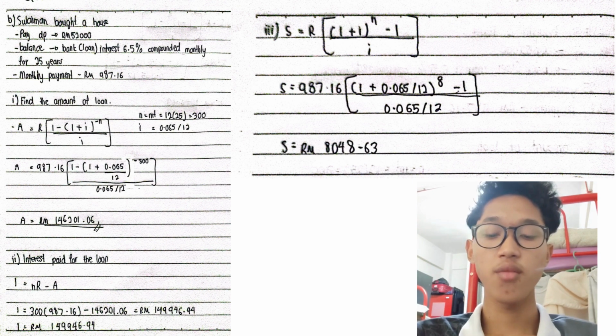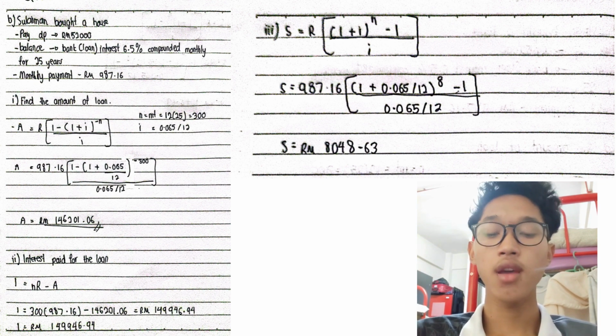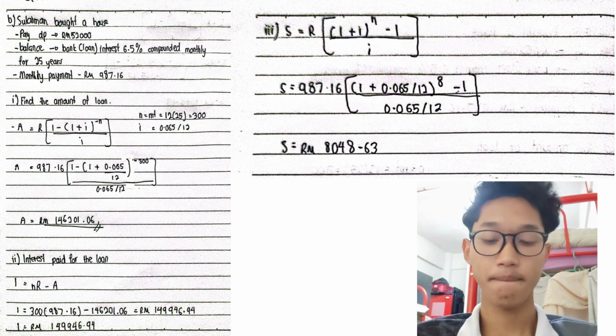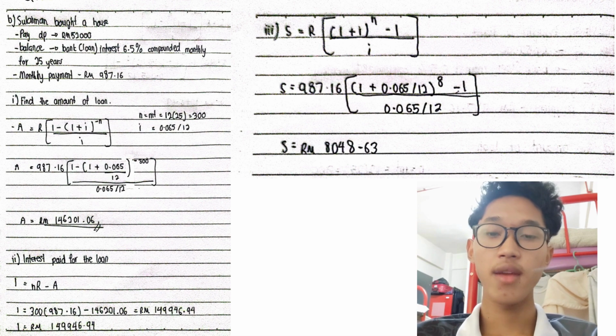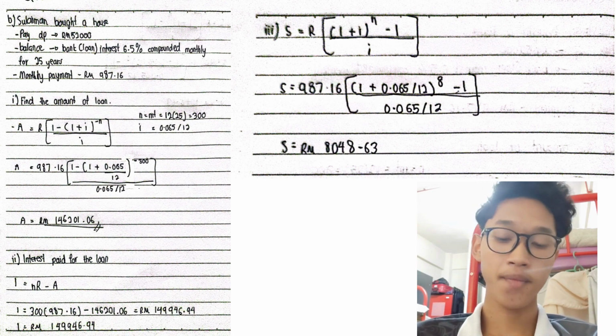We will use the formula of A equal to R, open the bracket, 1 minus, open the bracket again, 1 plus i, close the bracket, to the power of minus n, divided by i, and then we close the bracket. And then we will enter the numbers in the formula. We want to find A. R is 987.16. We open the bracket, 1 minus, open the bracket again.